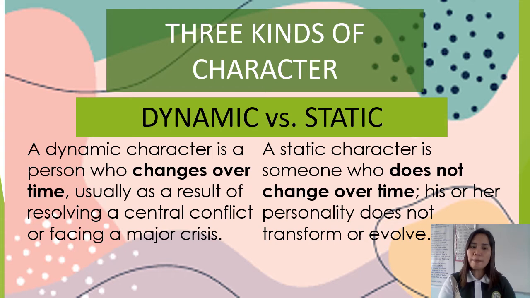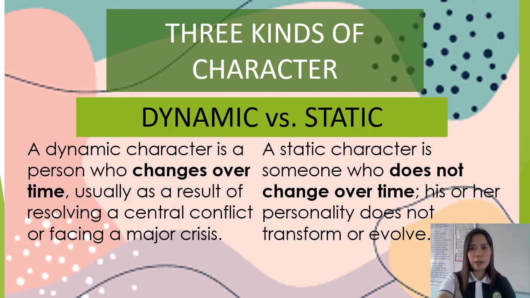A dynamic character is a person who changes over time, usually as a result of resolving a central conflict or facing a major crisis. How about static? It is a character who does not change over time. His or her personality does not transform or evolve. Again, dynamic changes over time. Static does not change over time.